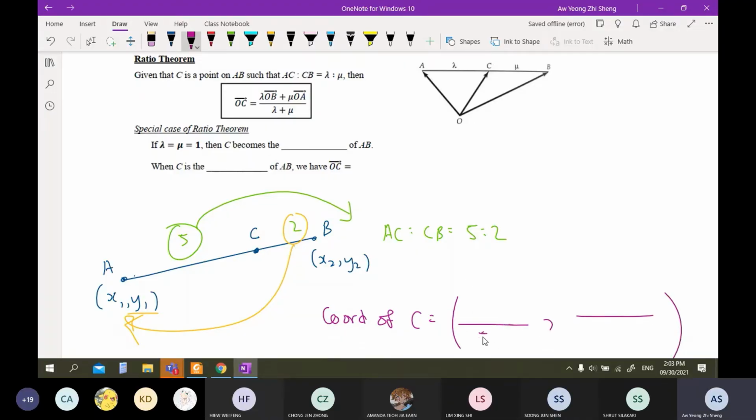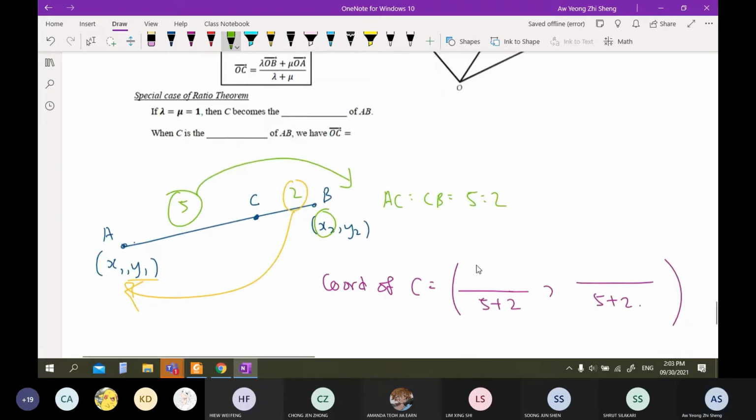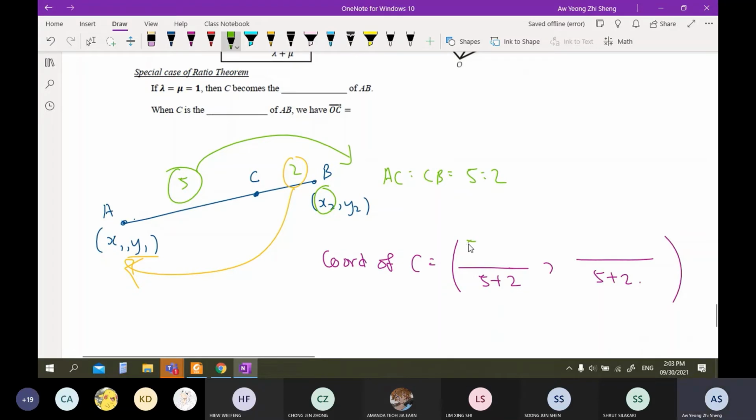The denominator is always 5 plus 2. And then at the numerator, you will take 5 multiplied with the x coordinate of B. So you have 5x2, then plus 2x1.